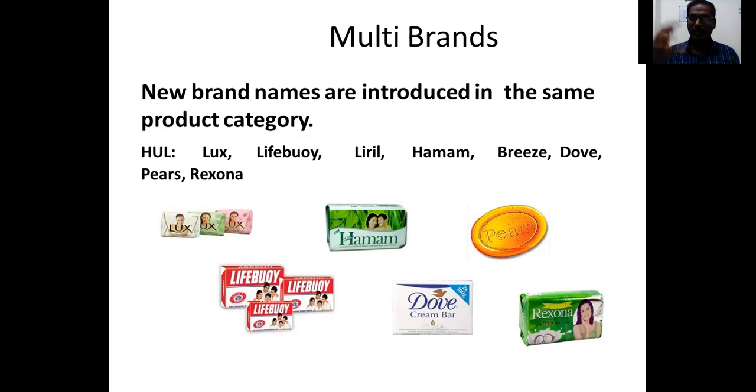Multi brand means for the same product they introduce different brands to fulfill the different needs of customers. Like Hindustan Unilever introduces six kinds of soaps to fulfill the different needs and wants of the customers. So that's a classic example here.